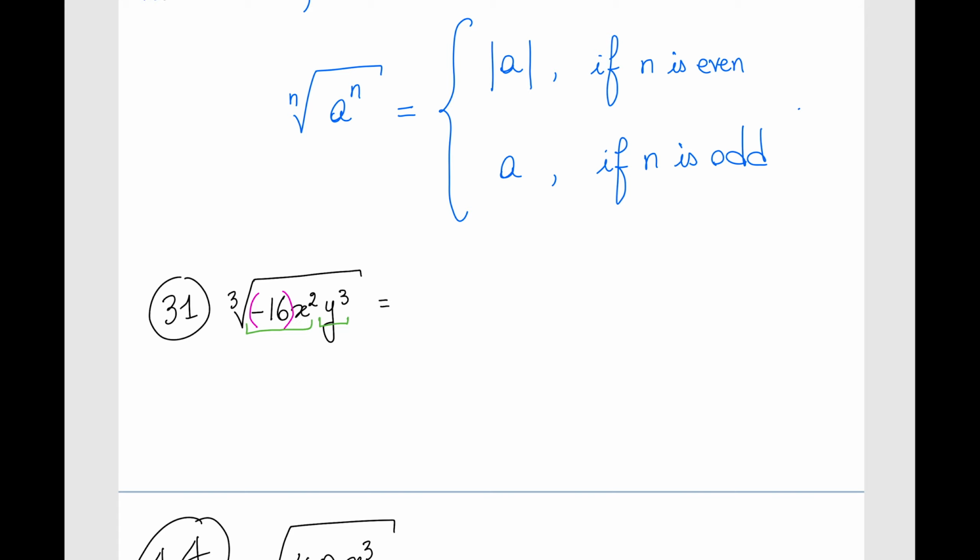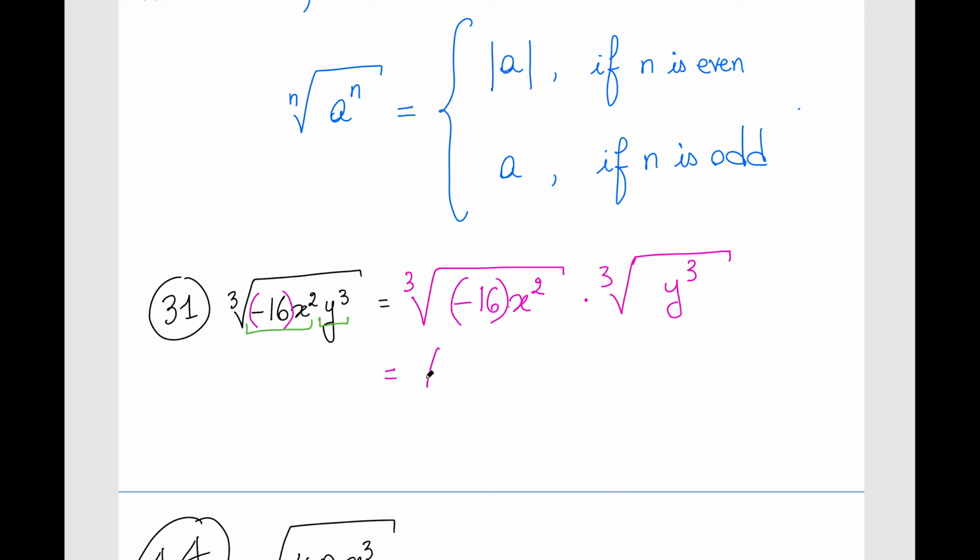You get the third root of negative 16 times x squared times the third root of y cubed. Correct? And let's do it one more time. Let's apply the product rule again, but now A is negative 16 and B is x squared, and let's split them.